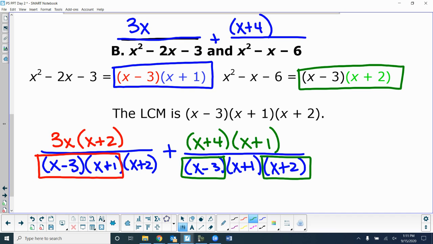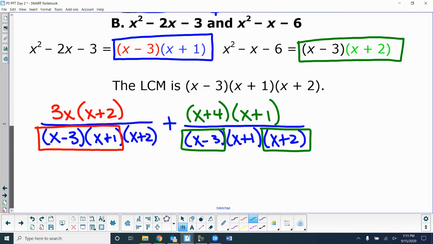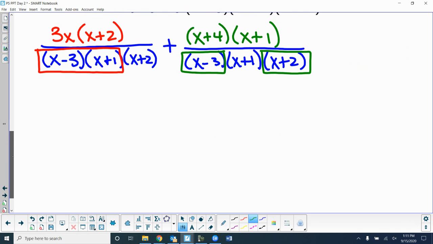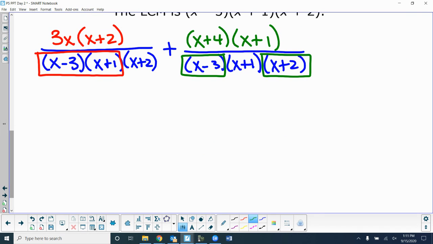Whatever I multiplied the old denominator by, I have to multiply the old numerator by. You understand the procedure? Okay, then what I would do to finish this up, now it looks like this, I would do the addition. After I do what?